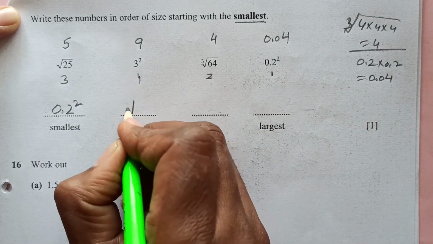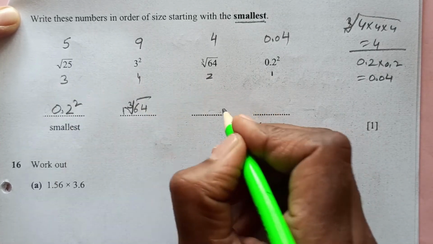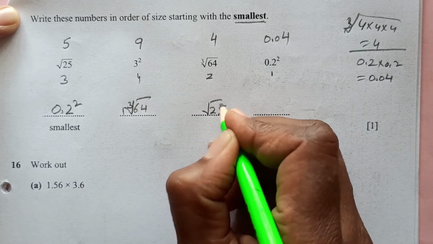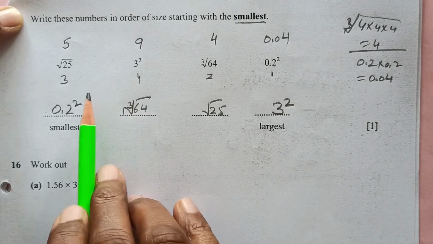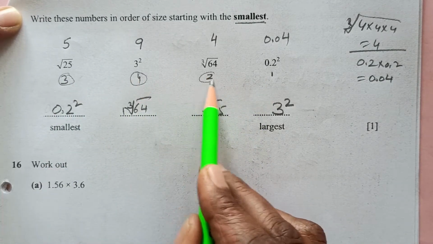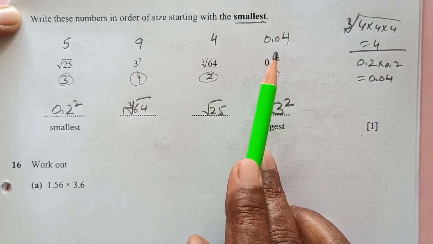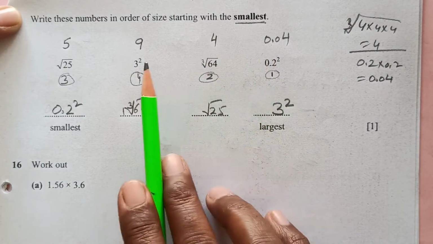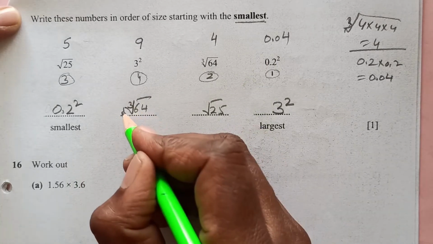Then at number 2 is cube root of 64, number 3 is square root 25, and number 4 is 3 squared. So remember to write down the answer in the original form, whatever you had in the beginning. So this is for your reference only, not to show the examiner, but you can leave it like that. Then you write your answer in the original form, right?